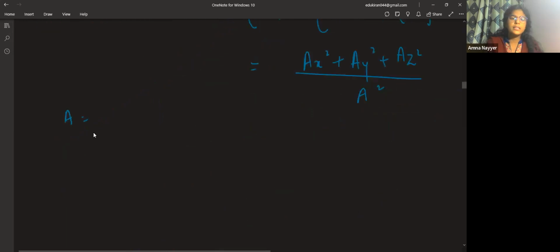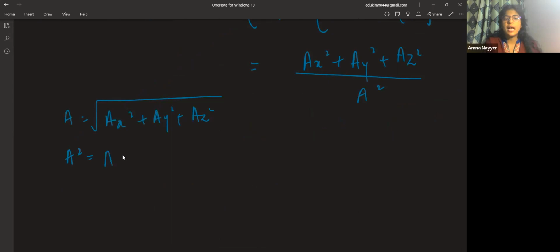And this is going to be ax square plus ay square plus az square. Now this term I can write as a square, that becomes a square divided by a square, that is equal to 1.